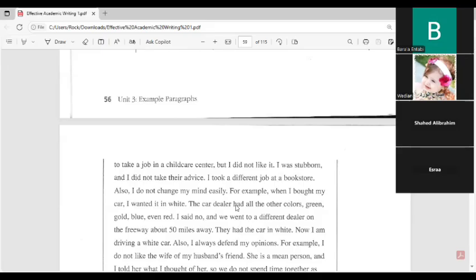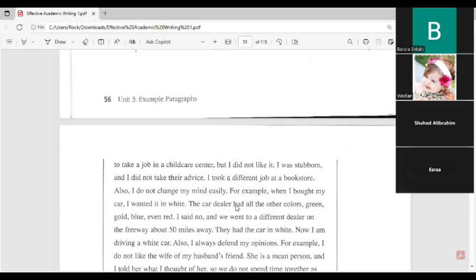For example, when I bought my car, I wanted it in white. The car dealer had all the other colors: green, gold, blue, even red.